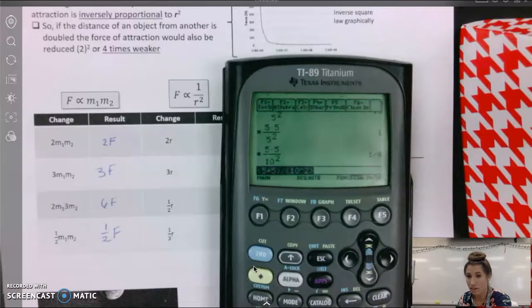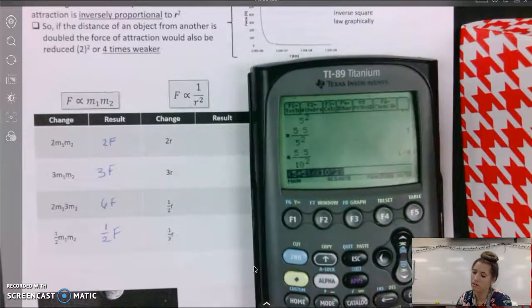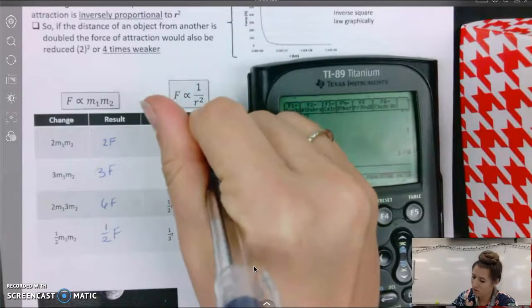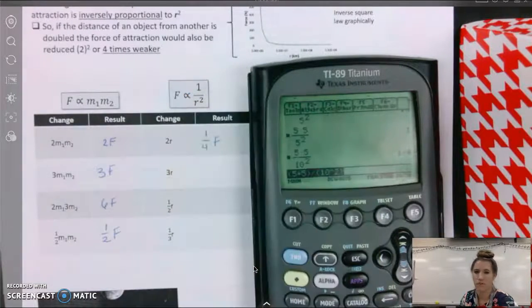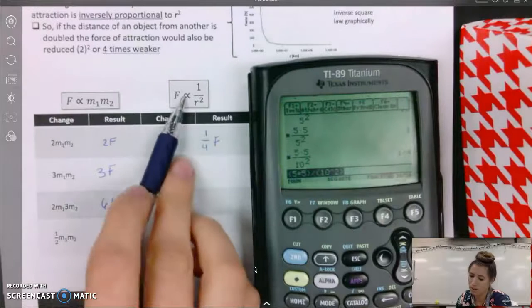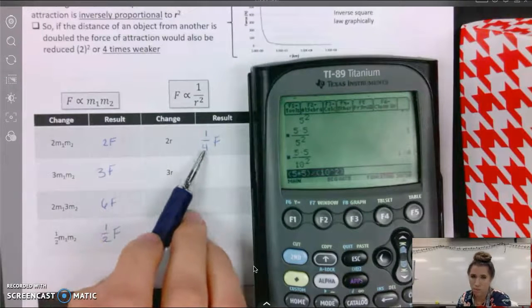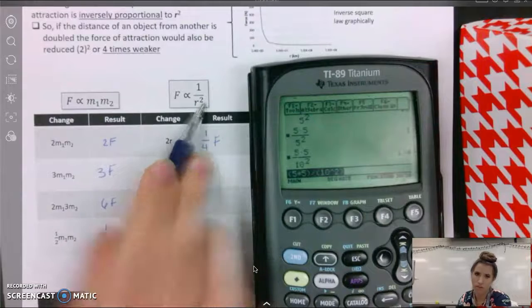Not a half, but a fourth of what it used to be before. So we have 1/4 the force that it was before. When we double the distance between the objects, the force is a fourth of what it used to be. Because our relationship is inverse. When one gets big, the other one gets small, but it's also squared.